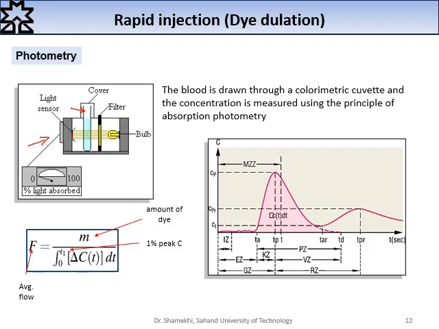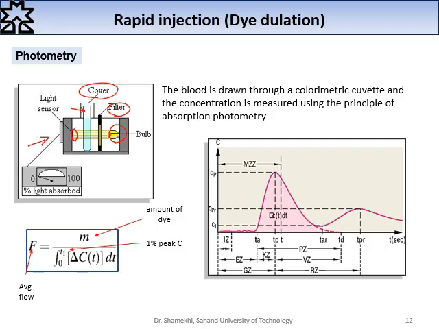We have a light sensor here and also the bulb, for example an LED, and also the other light source here, a filter to select the specific bandwidth for the color, and also a cover to cover the cuvette to prevent the entrance of light.